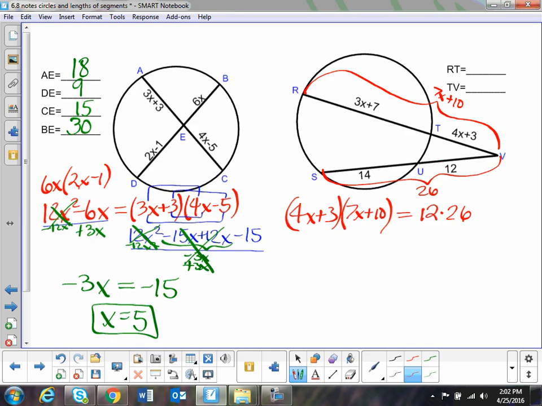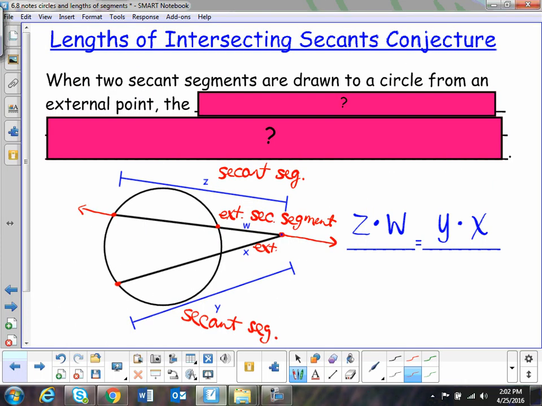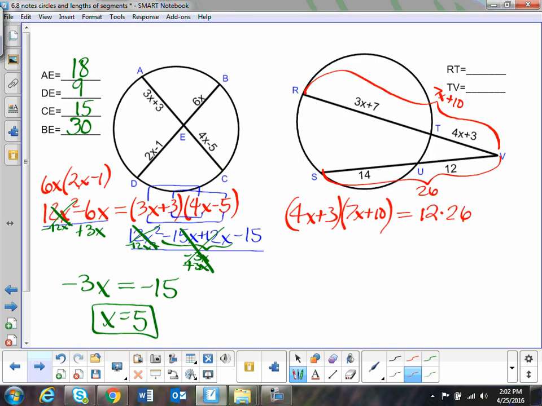Look, guys, that's this one right here. Remember Z times W equals Y times X. It's the whole thing times the external part. That's all we did. All right, so we're making FOIL again. So let's do that.